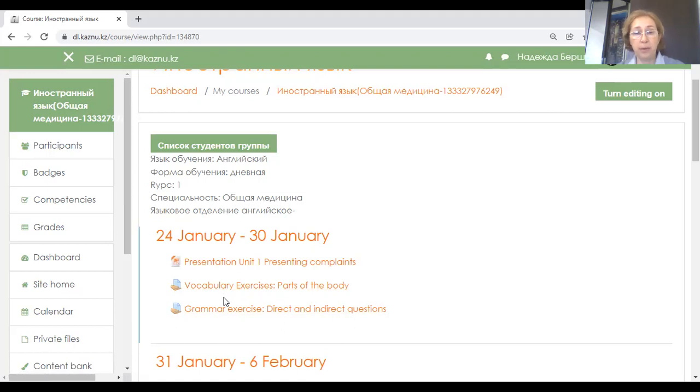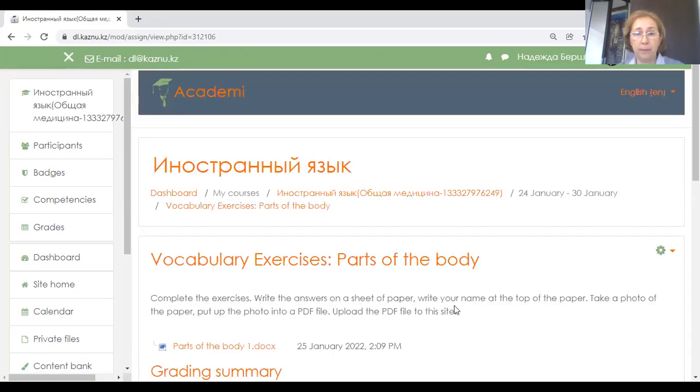So one of them is vocabulary exercises. If I click on vocabulary exercises, this is about parts of the body. And there are instructions here. You can see the instructions.